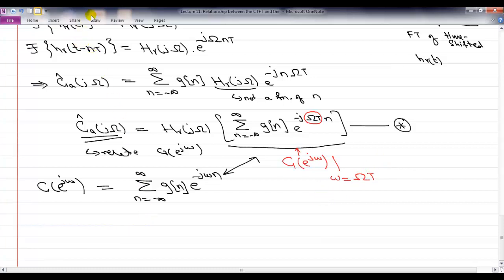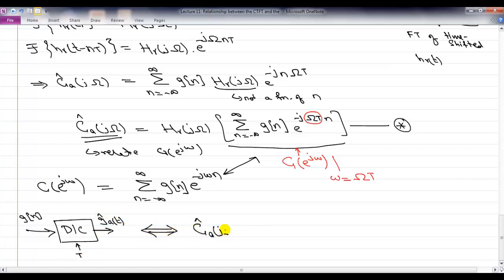So if you want to write down the formal relationship, what you get is, when you take a sequence and convert it into a continuous time signal, what this means in frequencies is that the Fourier transform G_a hat(j omega) becomes equal to H_R(j omega) times G(e^{j capital omega T}).